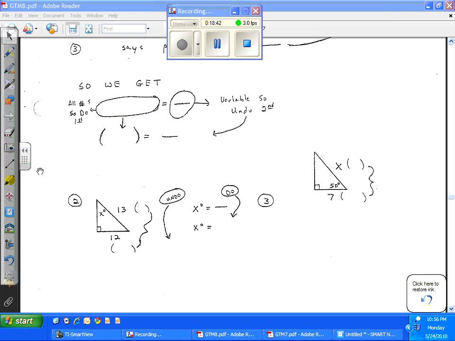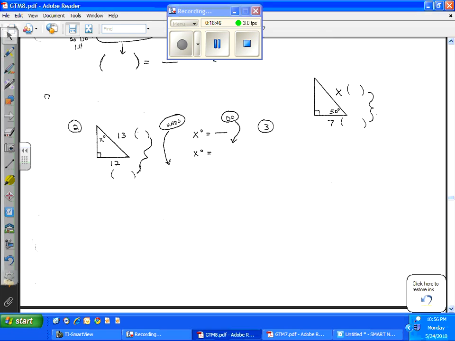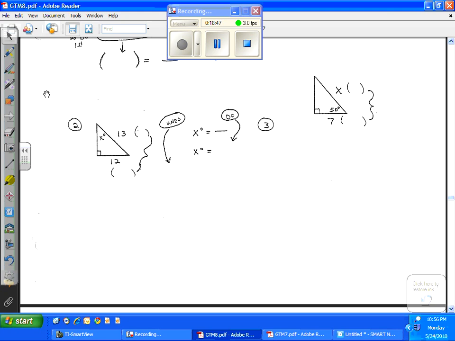Number 2. Number 2, we want to find how many degrees x is. This time we're looking for the angle measure. Okay?